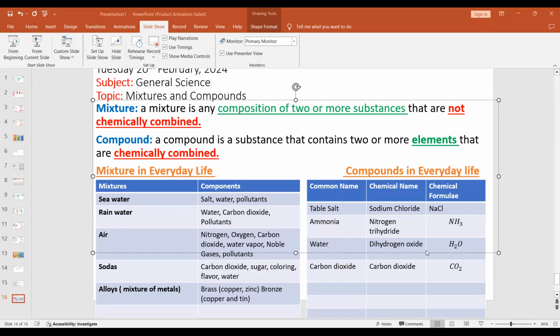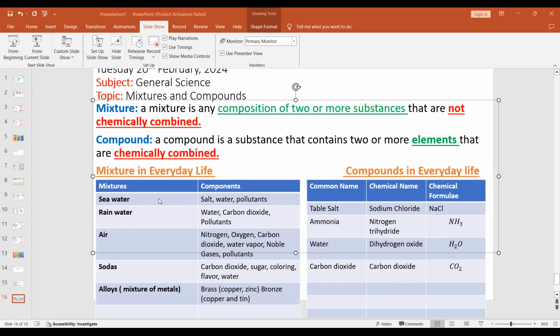Table salt. Shannon, give me an example of a mixture. And Egypt, give me an example of a compound. Carbon dioxide. Good. Seawater, very good.